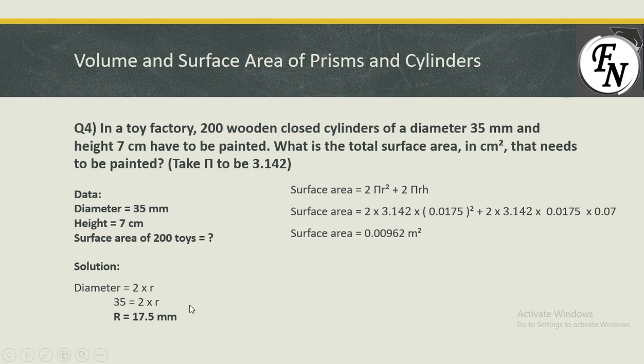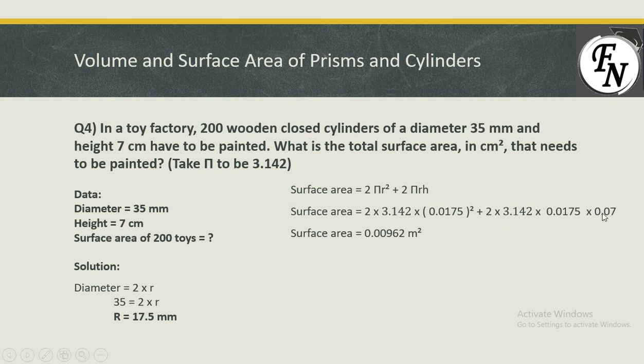This radius was 17.5, and when we convert millimeters into meters, we divide the value by 1000, so this is 0.0175. This is squared, and then 2 pi, with pi as 3.142, the radius is 0.0175, and the height is 0.07. That was 7 centimeters, and we have converted it into meters as well.